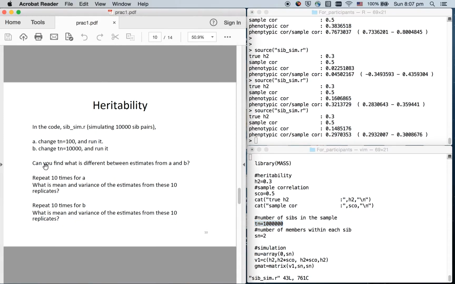So the next question. Yeah, this is related to the confidence interval. Hopefully you can do it by yourself following this question. You can repeat 10 times for A and 10 times for B, then work out the mean and variance of the estimation.